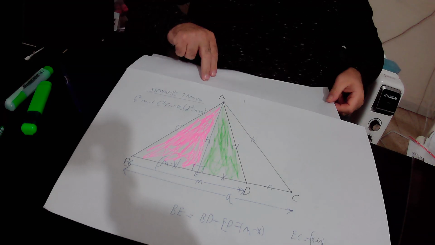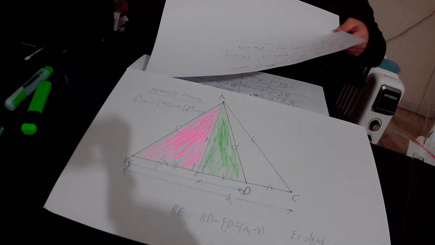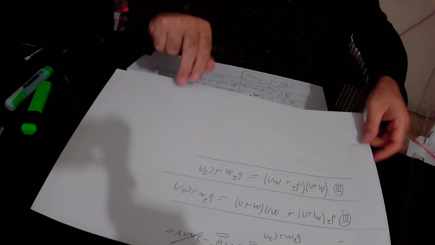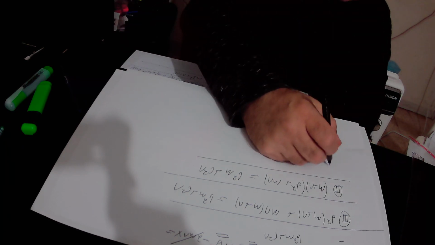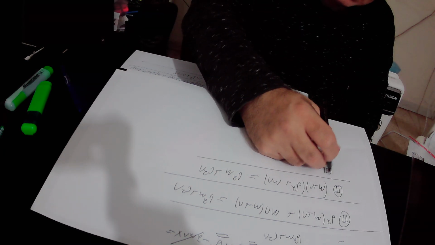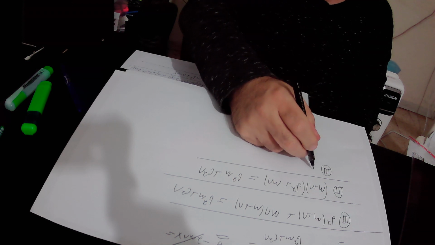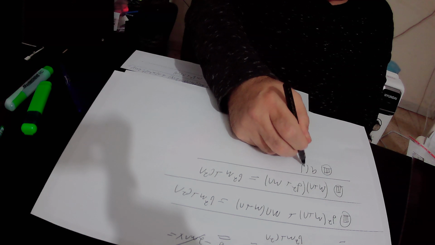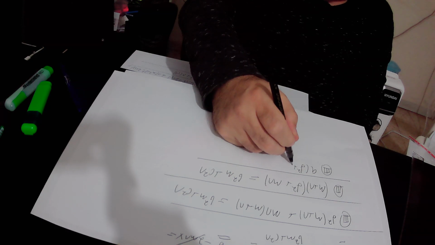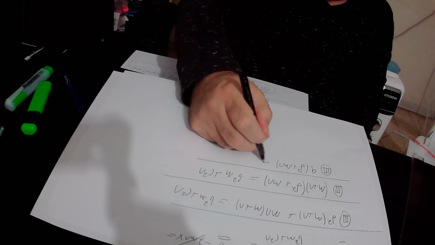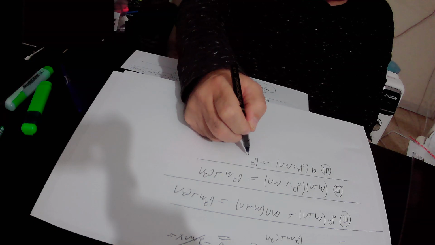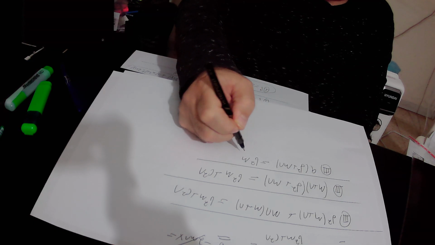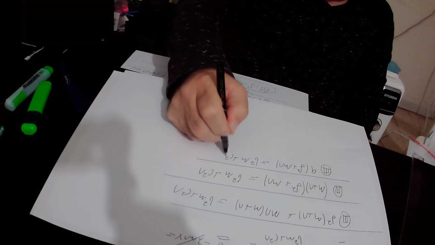In equation number 3, m plus n is a, so we substitute m plus n by a, and we get a times d squared plus mn equals b squared times m plus c squared times n.